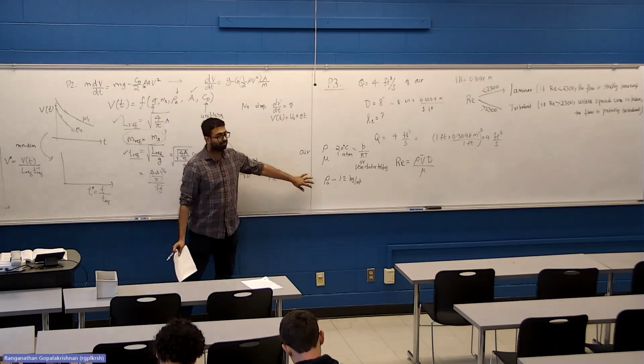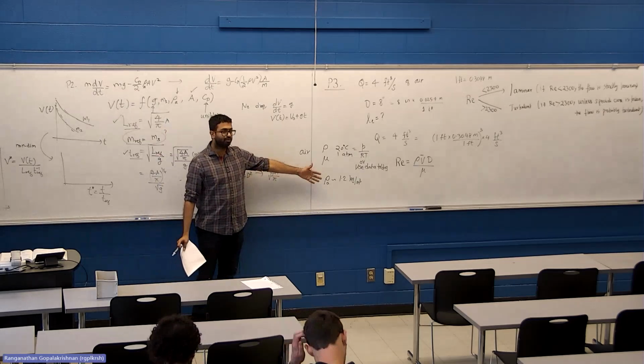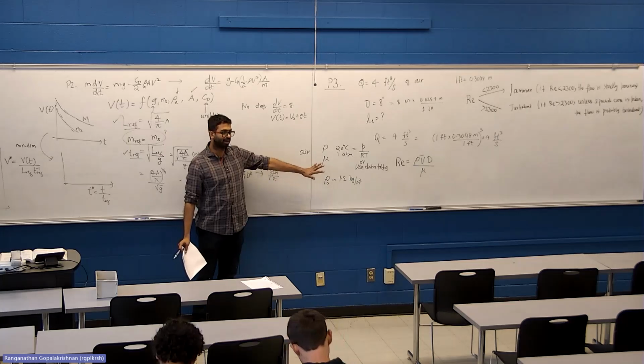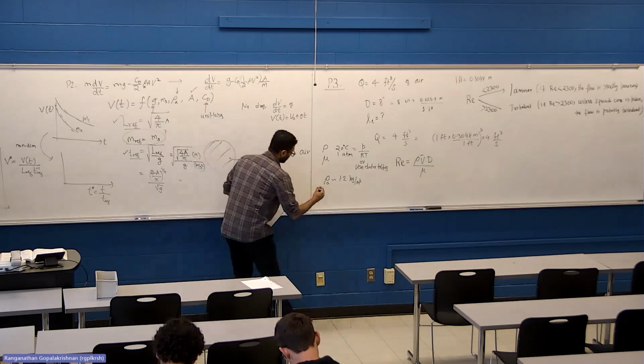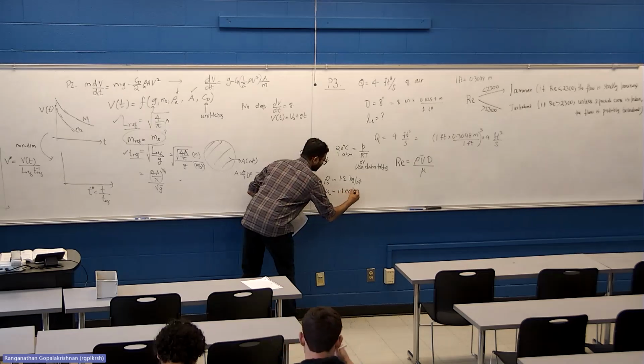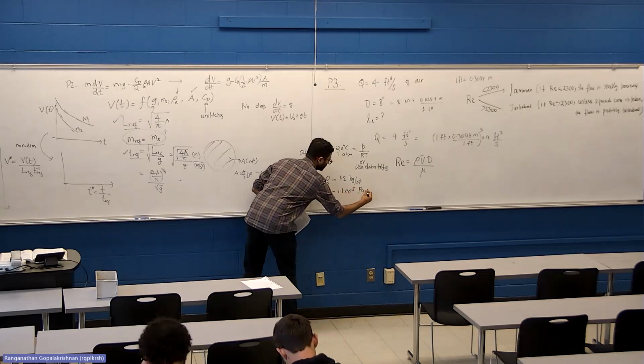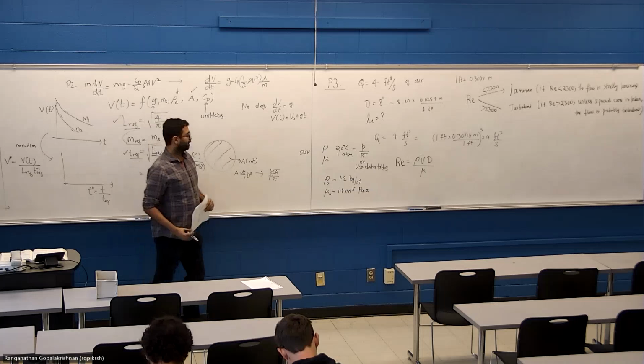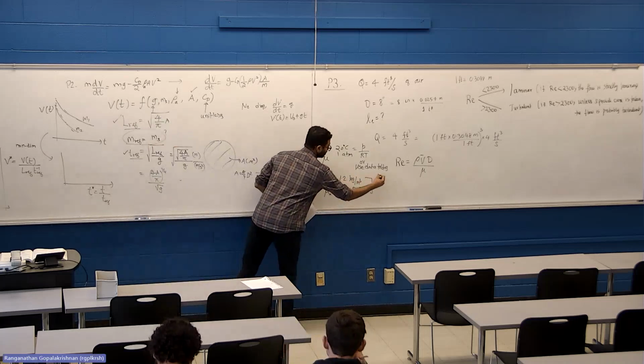How do I know? From memory. You are also welcome to use your memory as long as it's the correct one. And viscosity of air is about 1.8 times 10 to the minus 5 Pascal-seconds. It can also come from the tables.